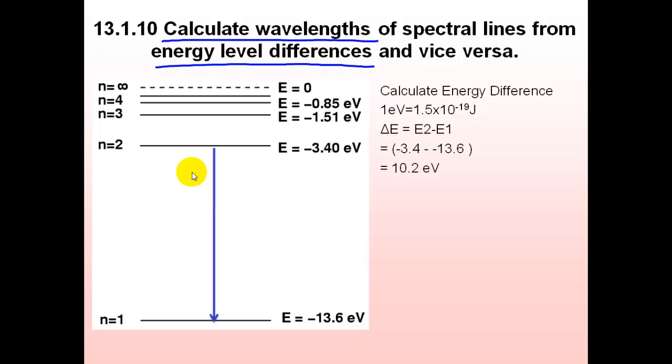This is in electron volts, by the way, so we have to multiply by 1.6 times 10 to the minus 19. Okay, and we end up with 10.2 electron volts. Convert that into joules, and from that we can work out E equals hf and find out the frequency of the light, and therefore we can work out the wavelength.